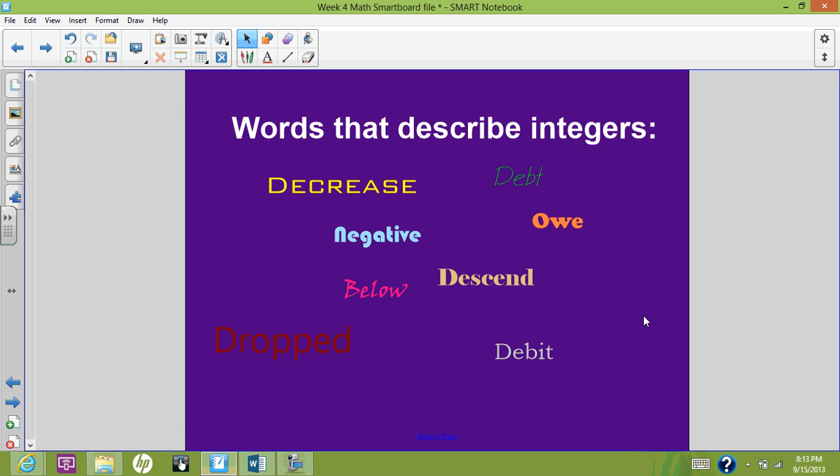I want to add another one that I didn't put on here because it's a little bit weird. When you see problems that deal with BC or AD, those are time measurements. BC is before the year zero, and AD is after the year zero. Right now we are in AD, the year 2013 AD.